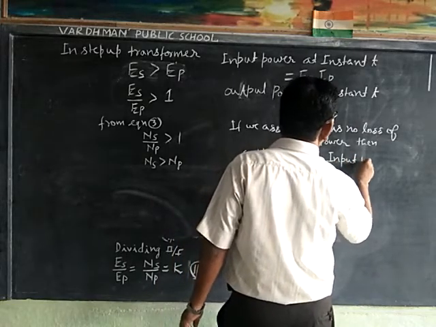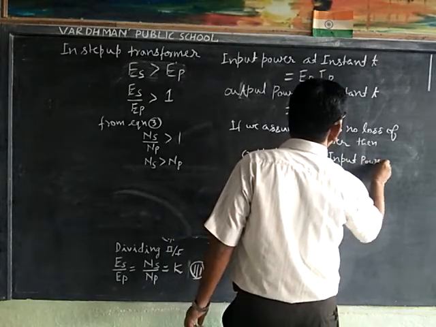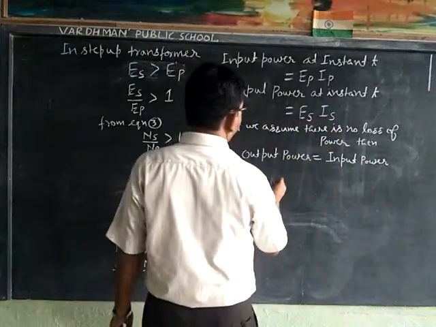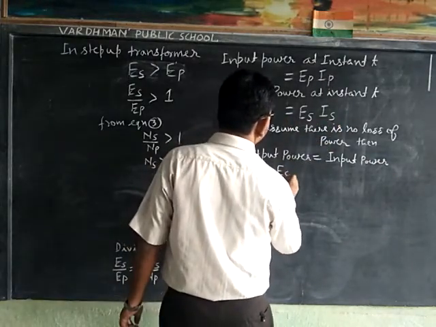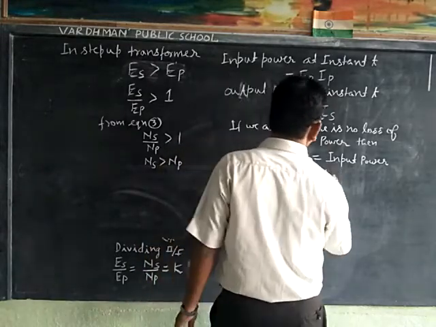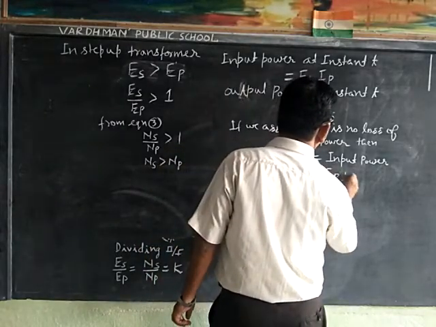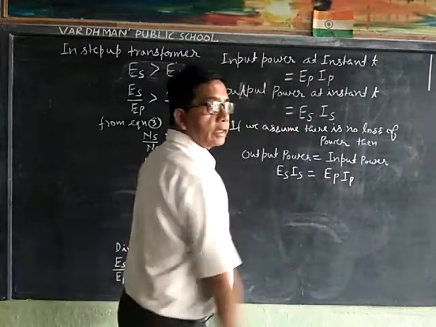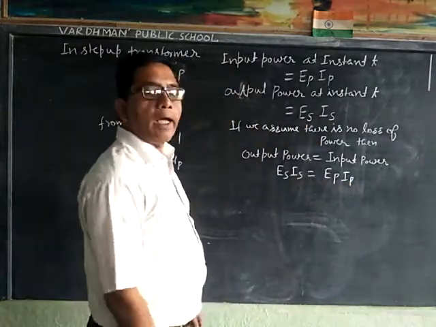Output power is equal to input power, so ES IS is equal to EP IP.